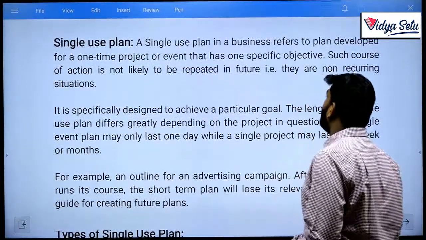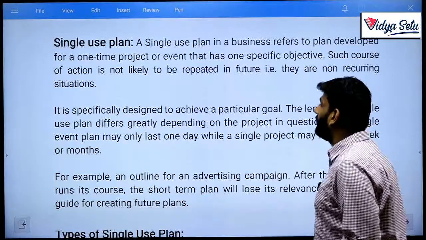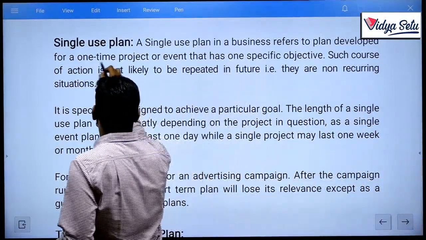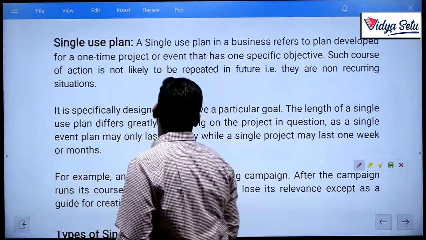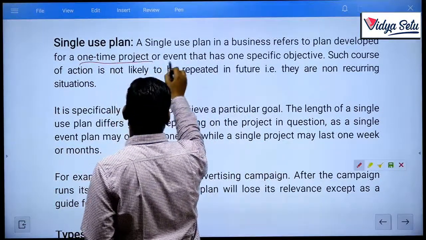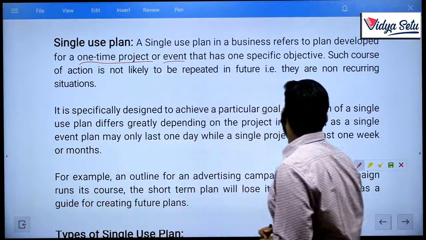A single use plan in a business refers to a plan developed for a one-time project or event that has one specific objective.